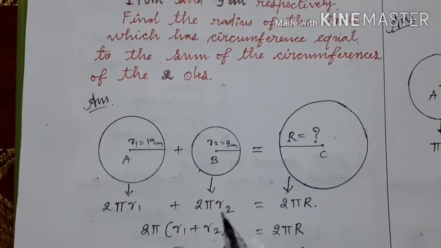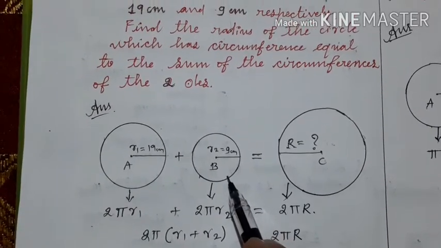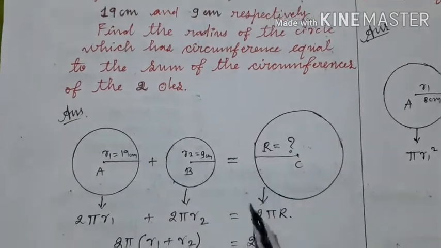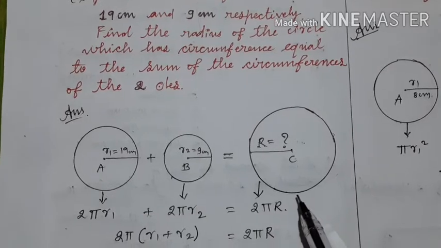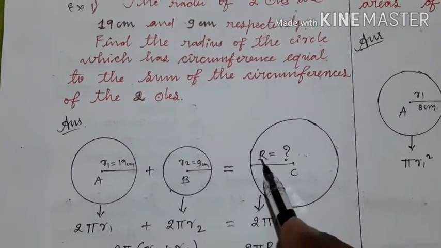If we add the circumferences of these two circles, then the circumference of the new circle is 2 pi R. And this circle will have a radius. Let that radius be capital R.